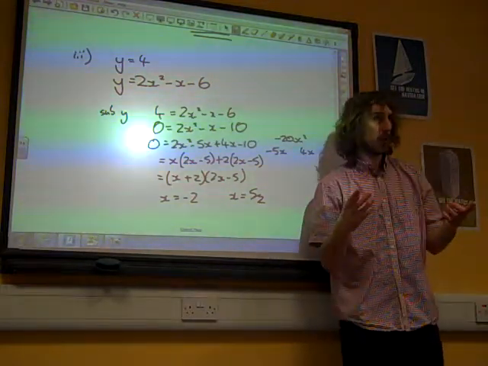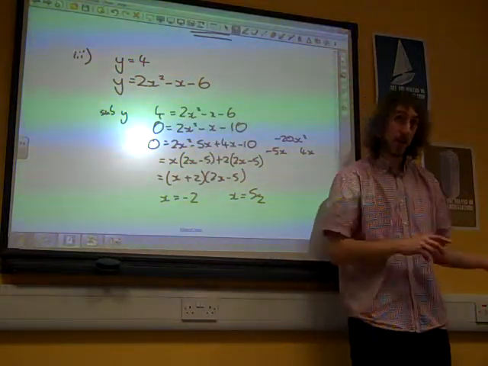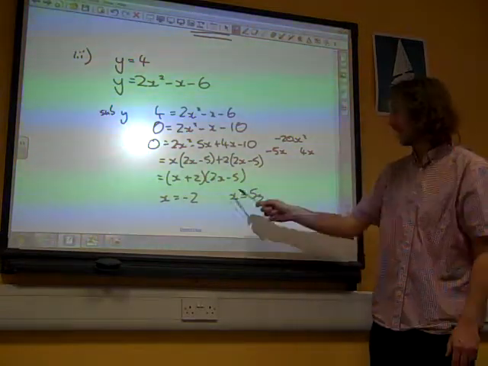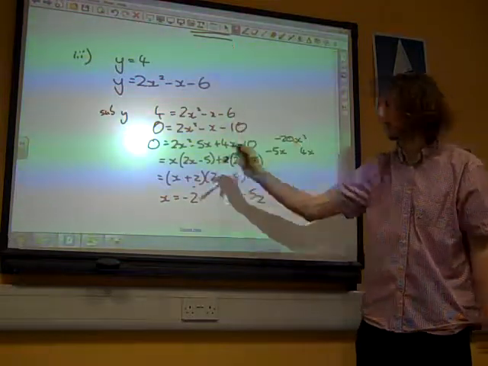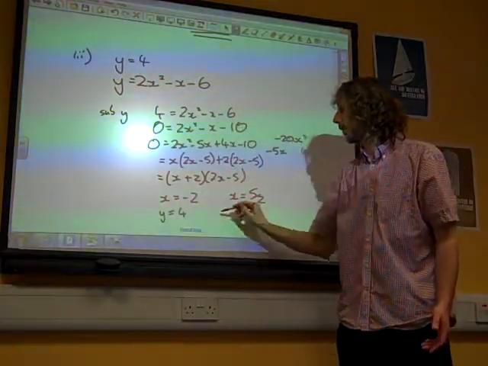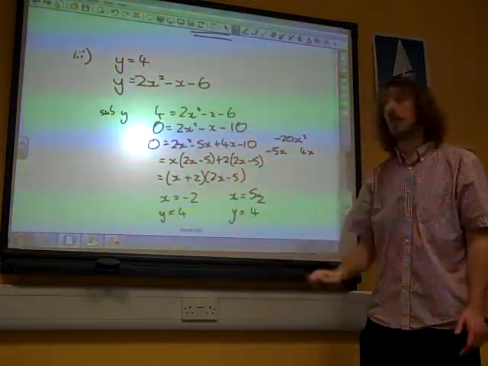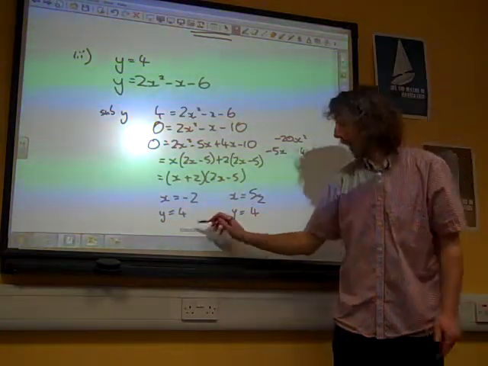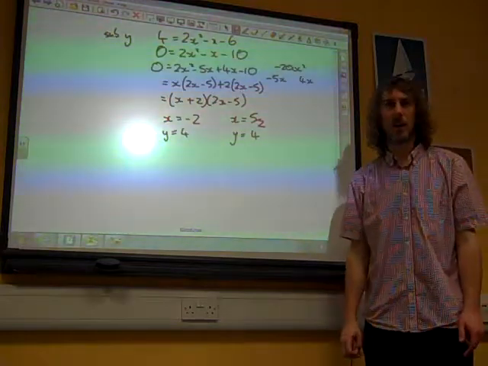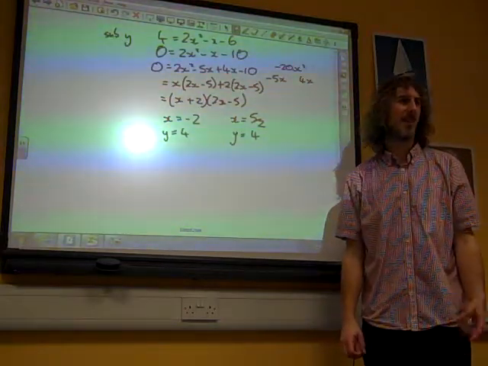These are simultaneous equations. Remember, when we do this, we would have to go back and find the y value. But this is easy, isn't it? The y value is equal to 4, no matter what x is. So at these 2 points, the y value is equal to 4. Now you could go into your whole length of a straight line stuff, but actually this is easier than that.